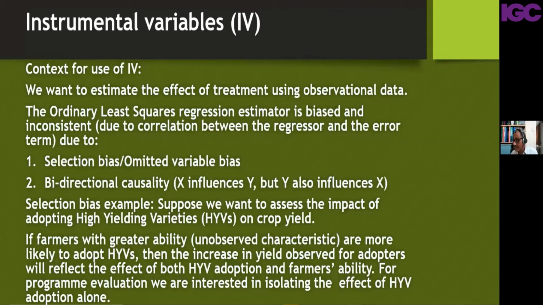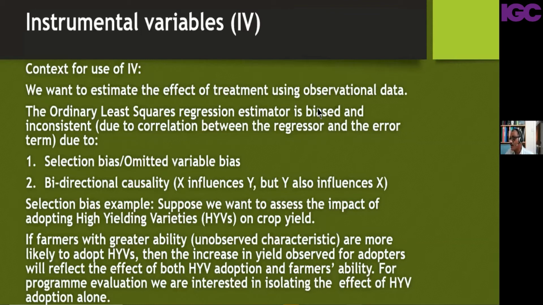Now, the problem is that if you have an outcome variable, say increase in income, and you have a set of explanatory variables, including participation or non-participation in the program, the ordinary least squares regression estimator is known to be biased and inconsistent.